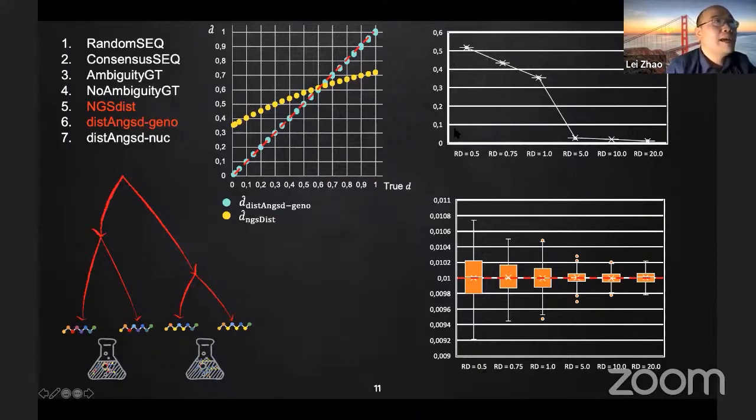But this is what we see for the NGS-based result. They actually change a lot when the read depth becomes extremely small. But this is our result. Our result basically says the mean stays the same, but the variance becomes larger and larger when the read depth becomes smaller. So that's why I assert that our method should be better than the NGS-based one.